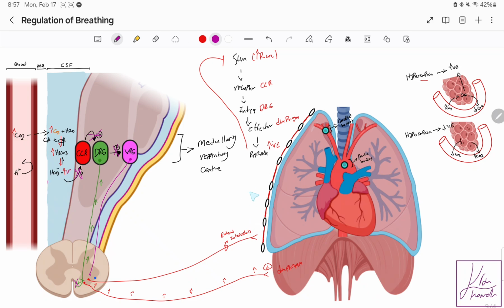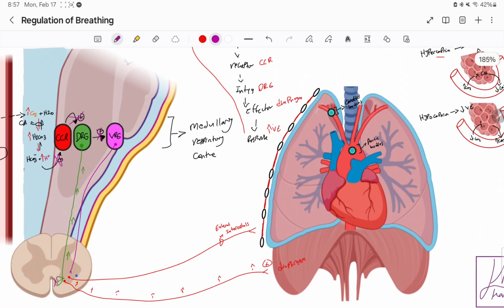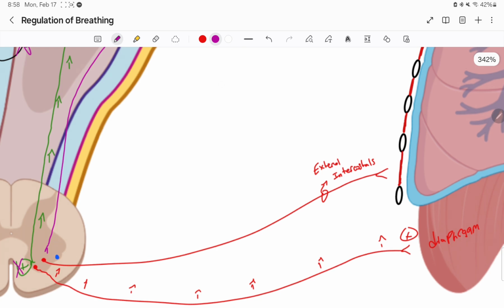Cool. What else? If the DRG is no longer stimulating the inspiratory neurons of the VRG, what's going to happen? Remember I said there's a reciprocal inhibition? When the inspiratory neurons of the VRG are stimulated, that inhibits the expiratory neurons. But when they're no longer being stimulated, guess what happens? The expiratory neurons become more active, and they inhibit the inspiratory neurons from working. But now look at this.